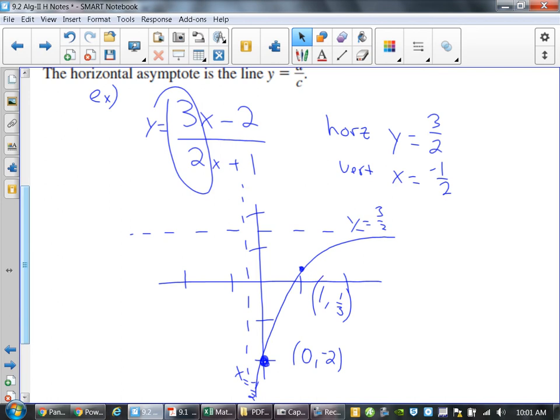If you go to -1, you get -3 minus 2 gives you -5. Then you have -2 plus 1, which is -1, so -5 over -1 is 5. So at -1, it was up here at 5.